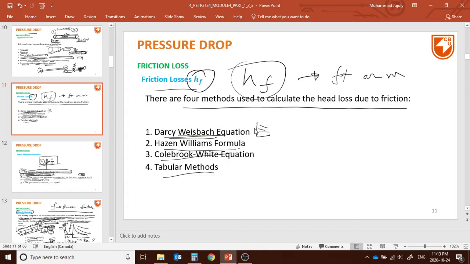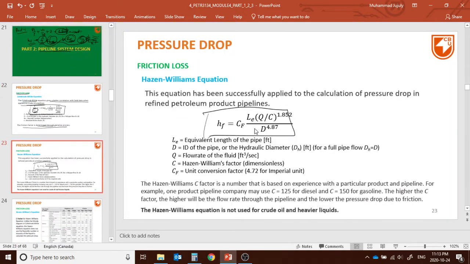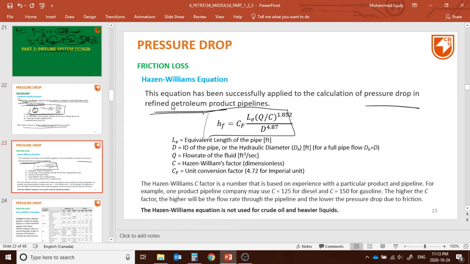The Colebrook-White equation is for crude oil, C for C, that's how you can remember it. But the Hazen-Williams equation is for refined petroleum, to calculate the pressure drop.